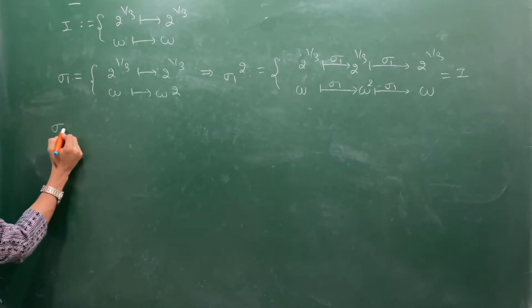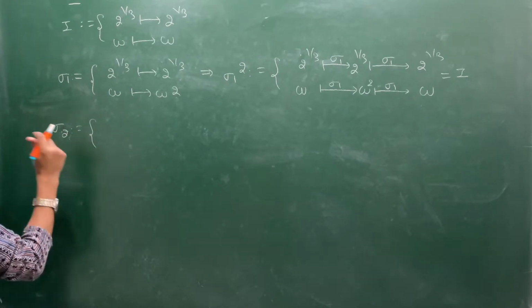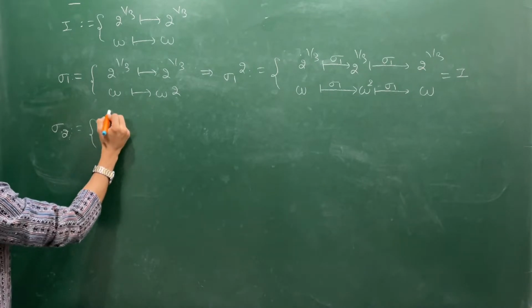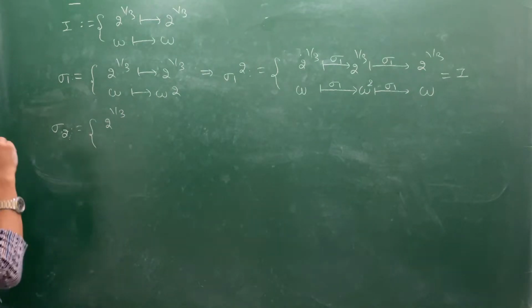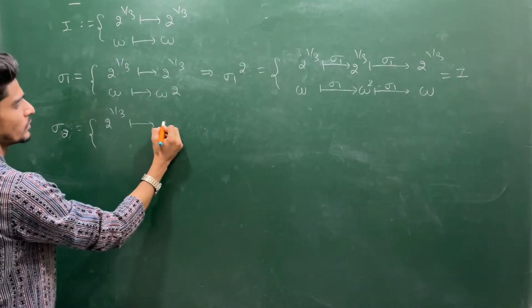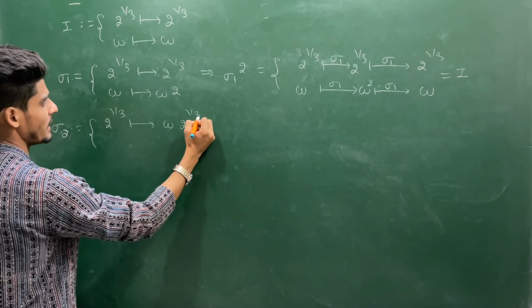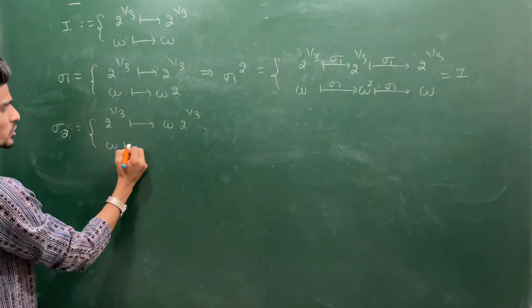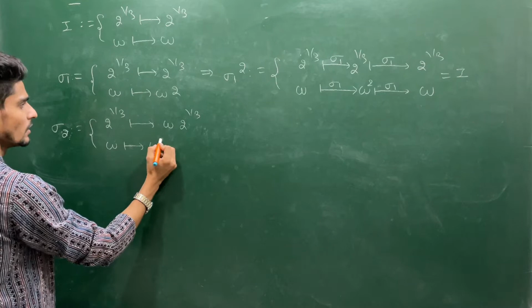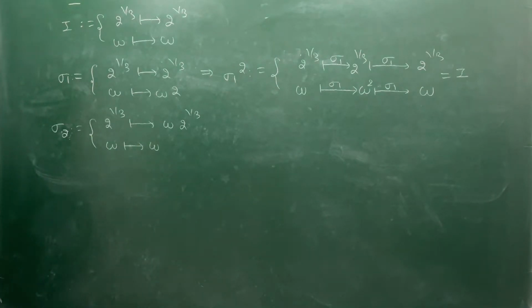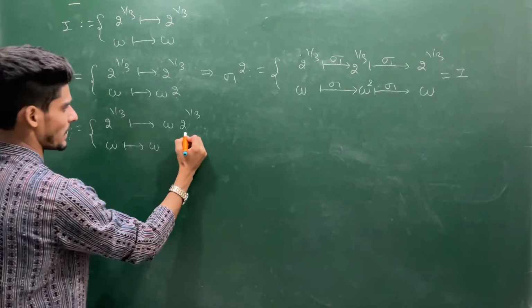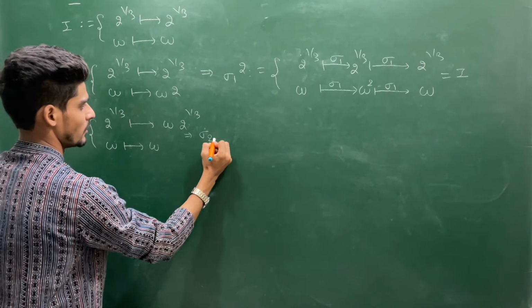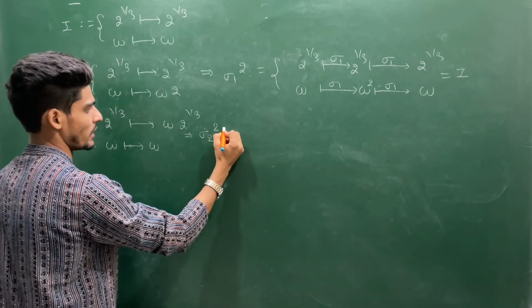Let me define sigma 2. Say 2 power 1 by 3 goes to omega times 2 power 1 by 3, and say omega goes to omega. So this will imply your sigma 2 square.